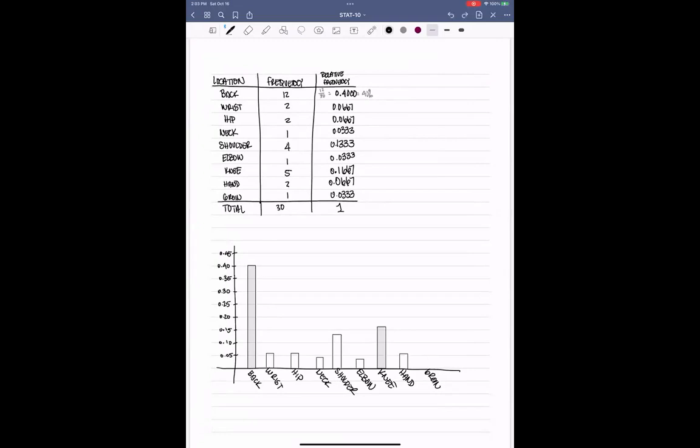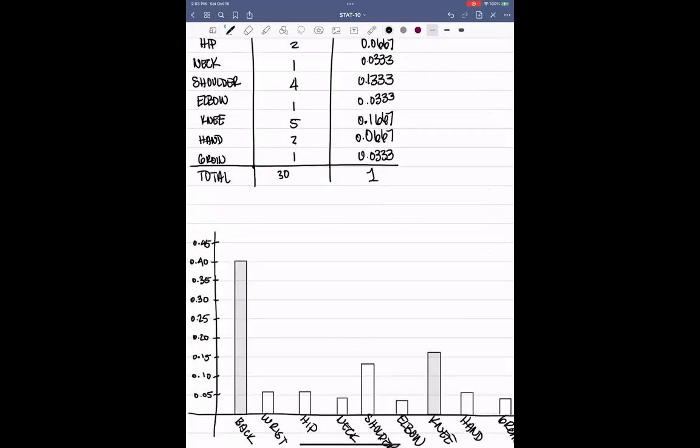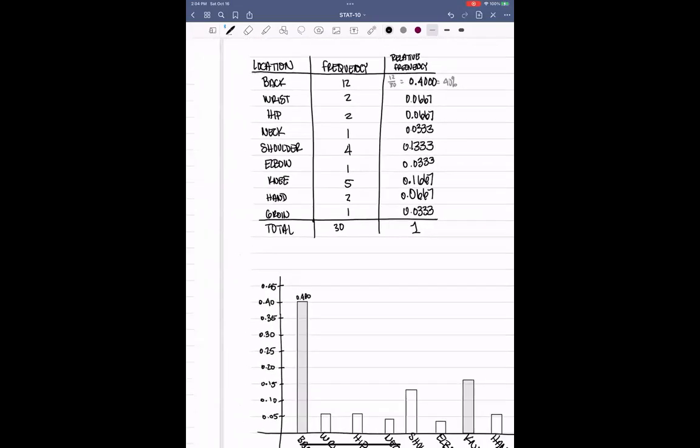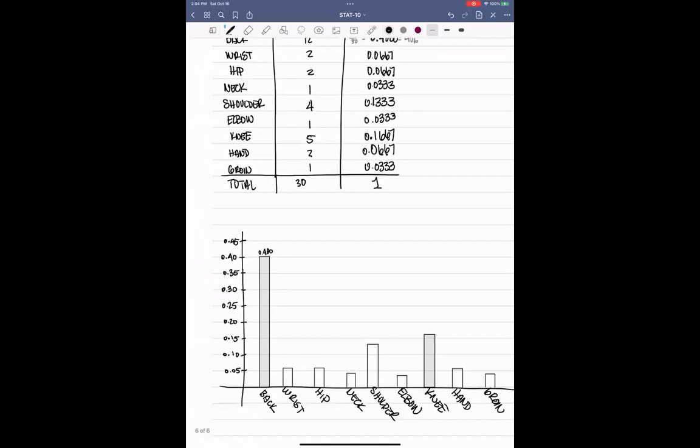Make it look a little bit more rectangular. And perfect. Now, just like we did earlier, we can make these the actual values, so 0.400. This was 0.0667, same thing here, and this one here.